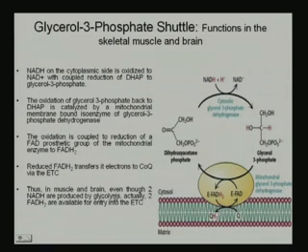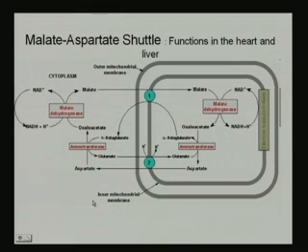Thus in muscle and brain, even though 2 NADH are produced by glycolysis, actually 2 FADH2 are available for entry into the electron transport chain.